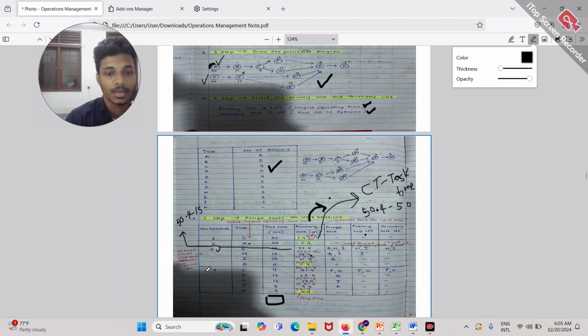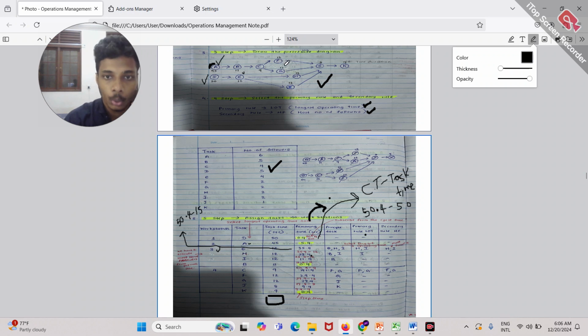Now we are in the workstation 4, right? Workstation 4. See, now the remaining tasks are F, G, J, K. These are the remaining tasks. Without doing this C task, you can't jump to this F or G, right?